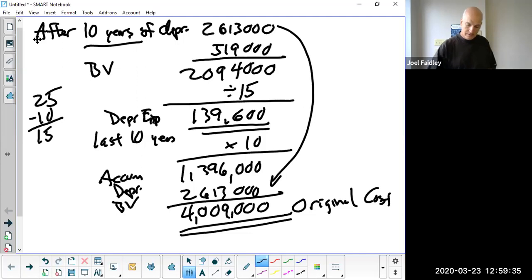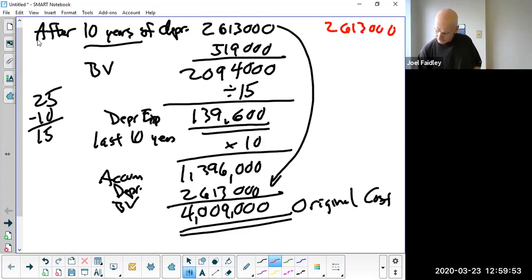All right, so this is where I'm at. It tells you the book value is 2613. What's the new salvage value? Was there a new salvage value? Is it 170? I wrote 170. I don't know what that number is.